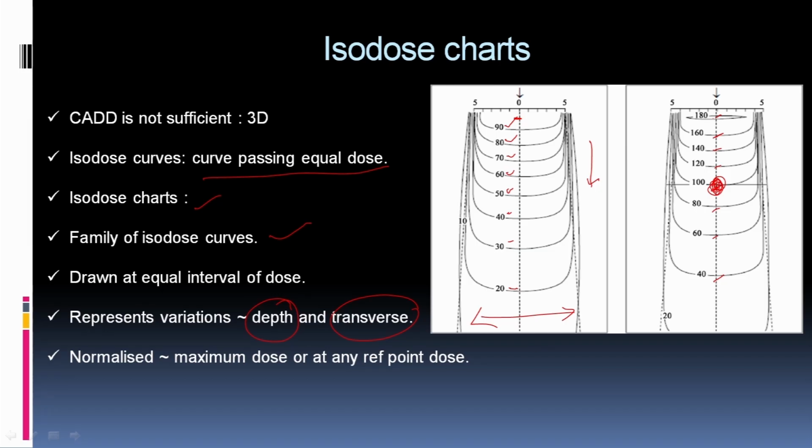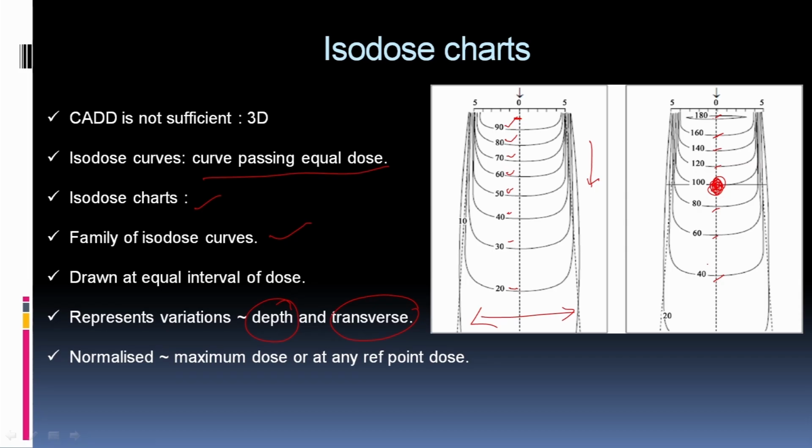But here, if we normalize the dose at any reference depth, there will be higher dose and there will be lower dose. It is similar to the normalization of marks in a class. If we normalize to the maximum marks holder and consider this as 100, then the rest will be less than 100.